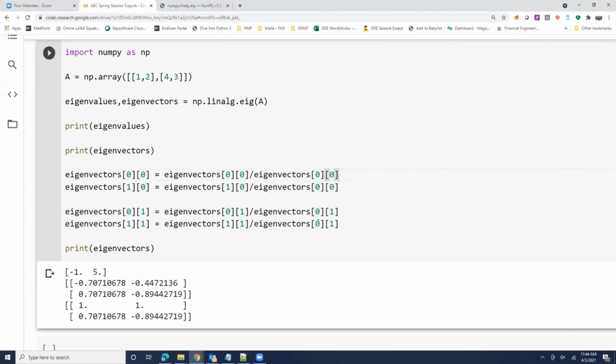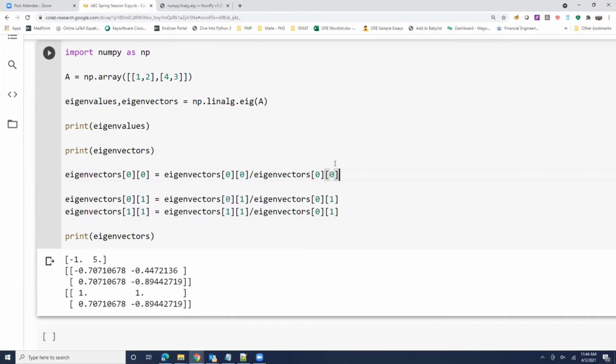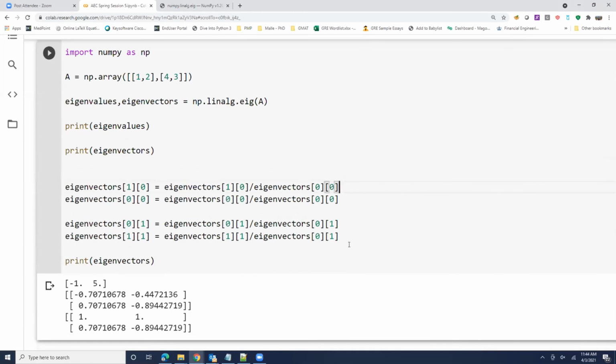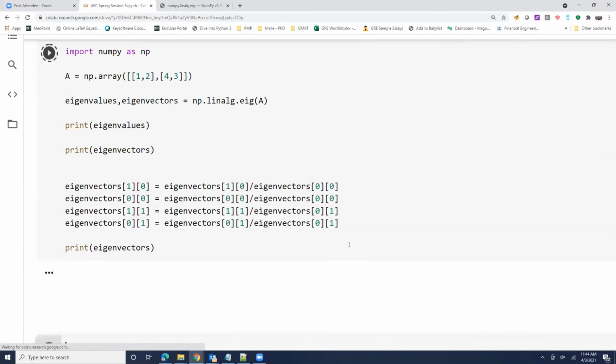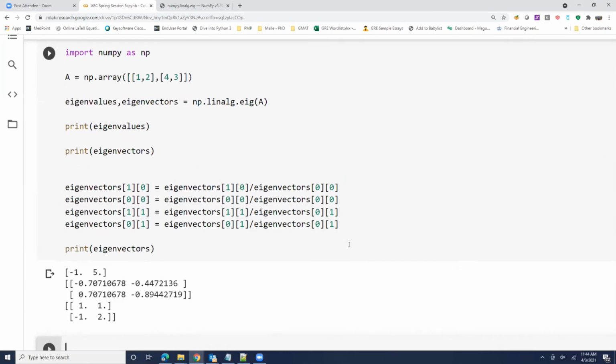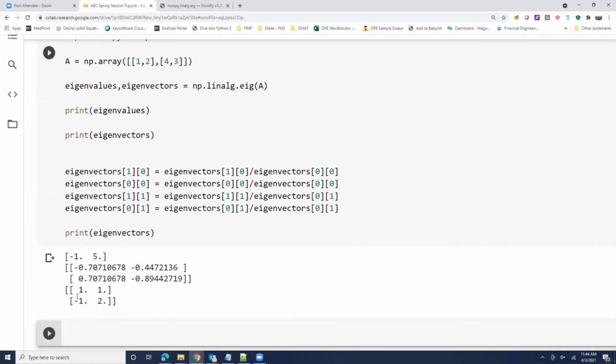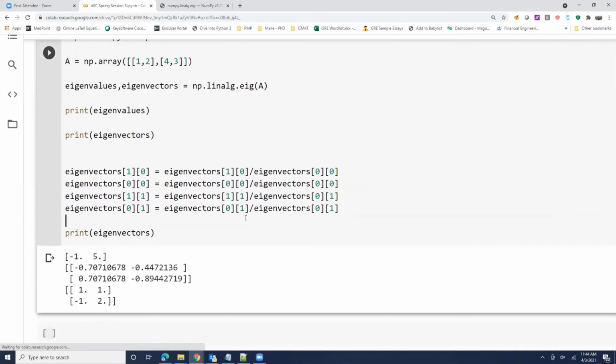And 1, 1 with 0, 1, that's also fine. Oh, I made an order mistake. I should first divide by this and then divide by this. So now these are the same eigenvectors we got, right? 1, -1 and 1, 2.